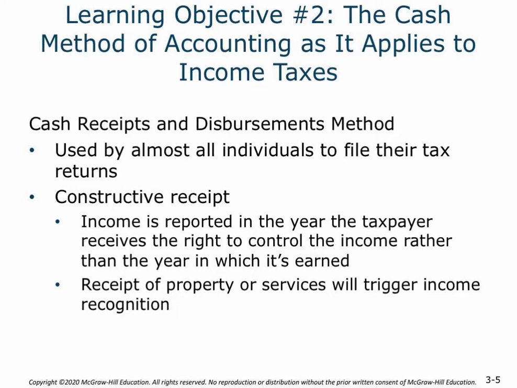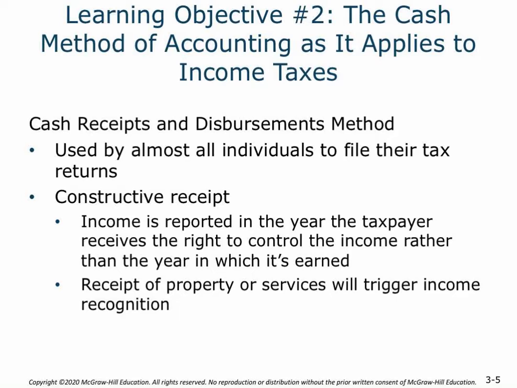Learning Objective 2, the cash method of accounting as it applies to income taxes. Now almost all individuals, when they file their tax returns, are going to use the cash receipts and disbursements method. An example of this might be where you were doing some landscaping services for summer and fall, but did not actually receive payment, didn't receive cash for that until January, then you would include that income, those monies, as income in the tax year in which you received the money.